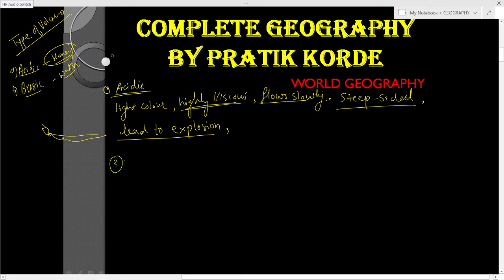The second is basic. As far as basic lava is concerned, basic lava is hottest and it is highly fluid, and it is rich in iron and magnesium, and it lacks silica.